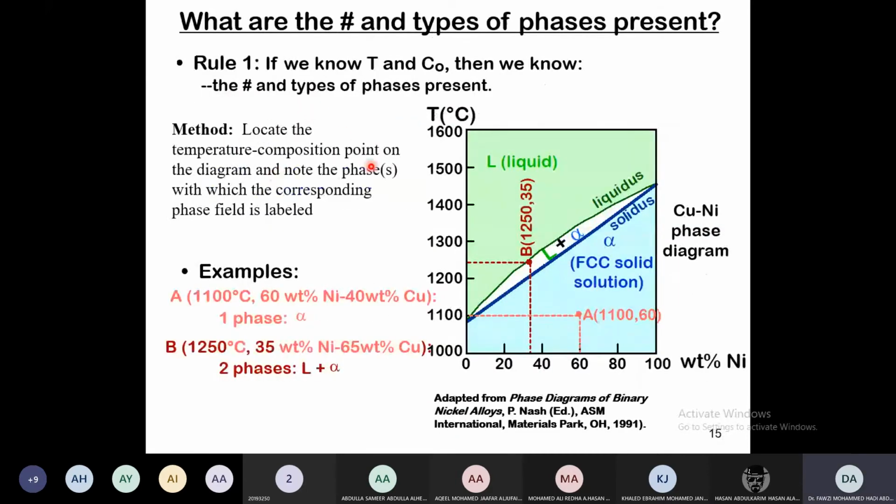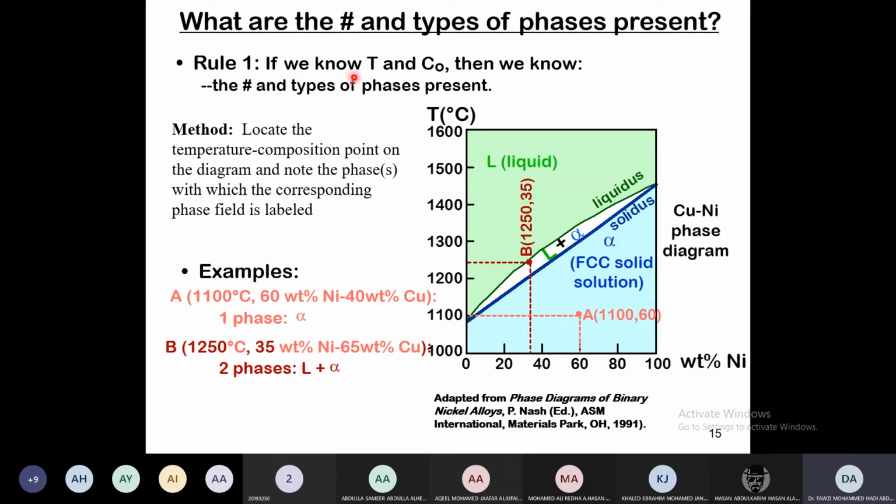If we can utilize the phase diagram to predict what the number of phases are, what the phases are, what their compositions are, and what their proportions are, therefore we can use the phase diagram also to design our microstructure, and therefore design the properties which we want. So let us start doing that practice on the phase diagram. If we have a specific temperature and composition of the alloy, we want to answer those 4 questions. How can we determine them?